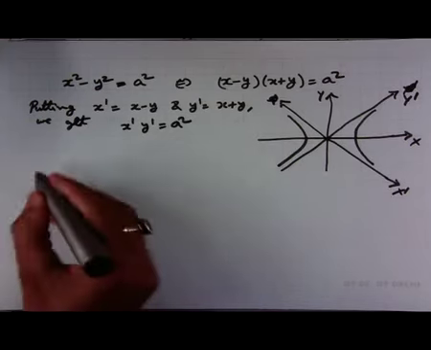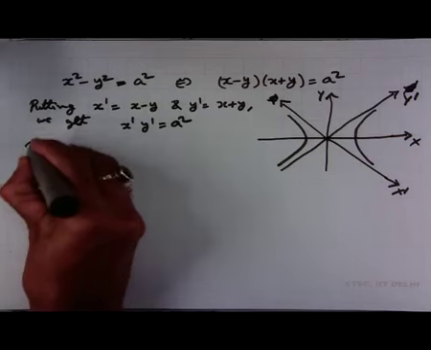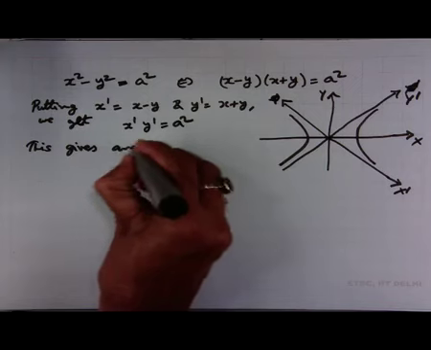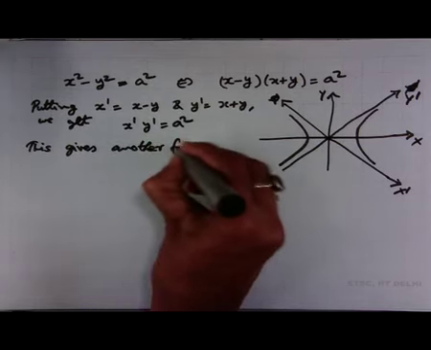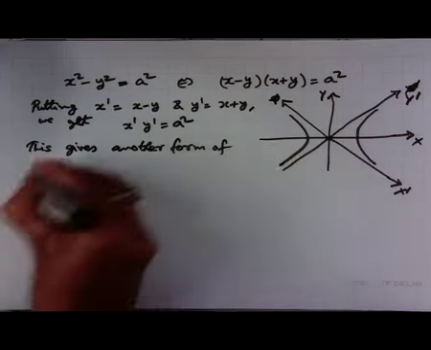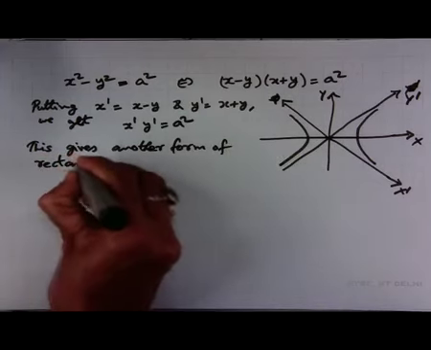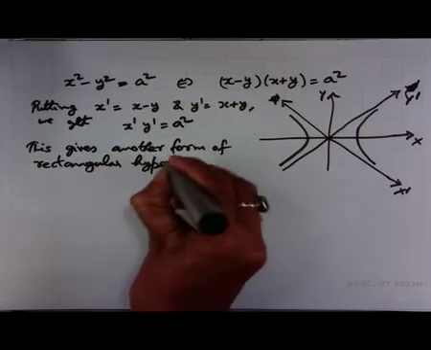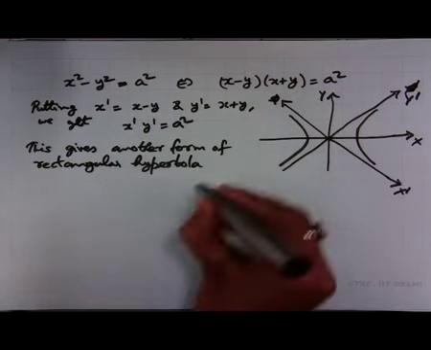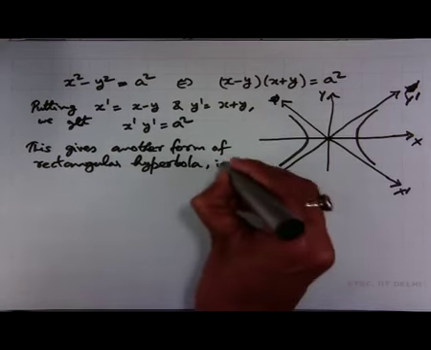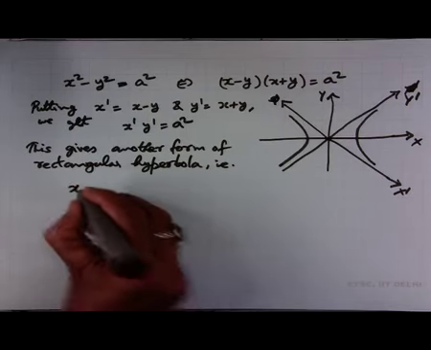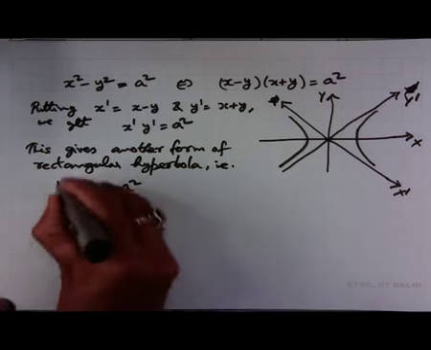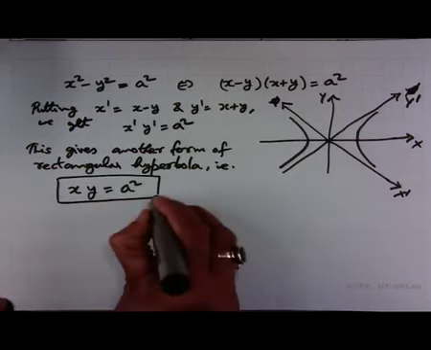So, this gives another form of rectangular hyperbola, that is x times y equal to a square. So, this is the more standard form of rectangular hyperbola.